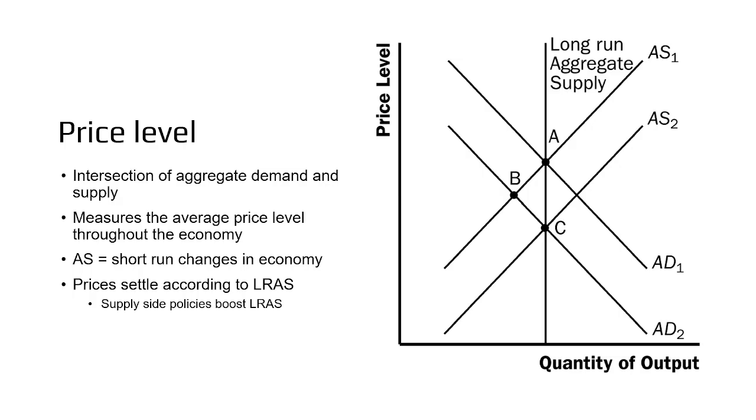So in the short term, while that extra coal is being used, the aggregate supply, the price level and the output of the economy would shift to the short-run intersection with AD, with aggregate demand. But as that supply of coal is exhausted, it would revert back to the long-run aggregate supply as the general median.